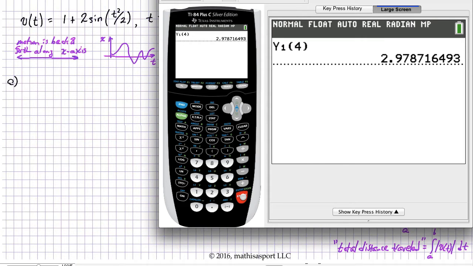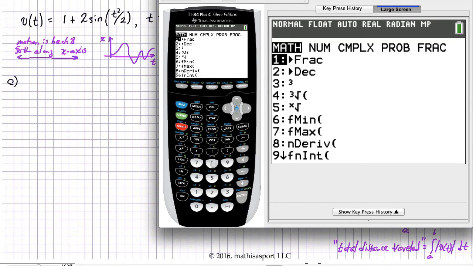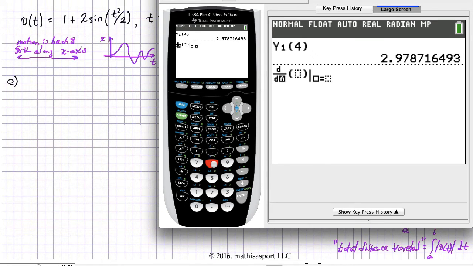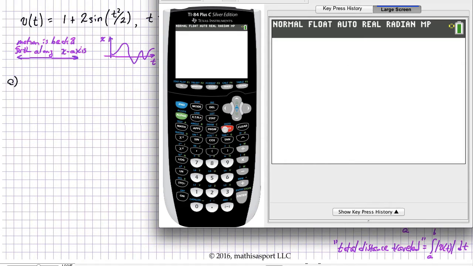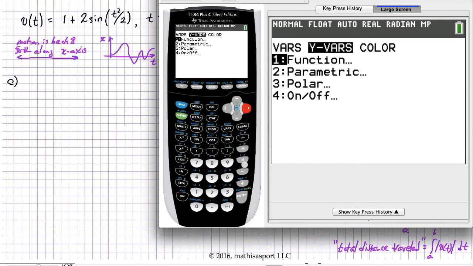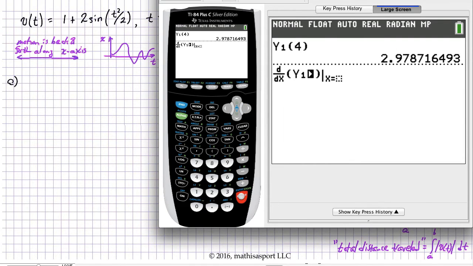But I also need to reference the acceleration. Well, the acceleration is the derivative, so I'll use Math 8. And again, I'll insert the velocity as the function.